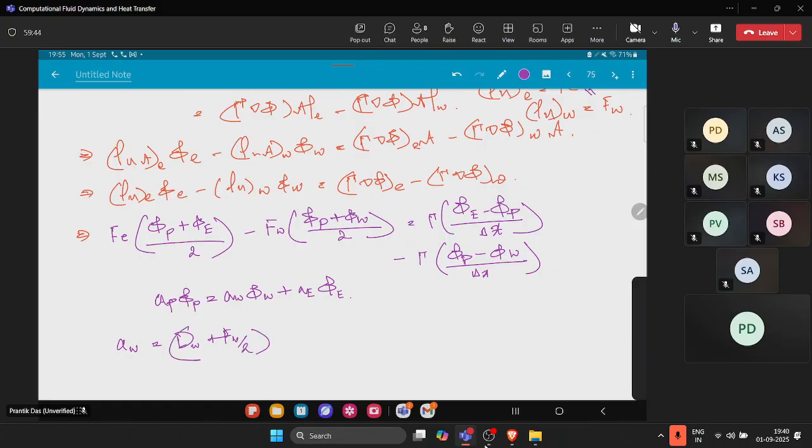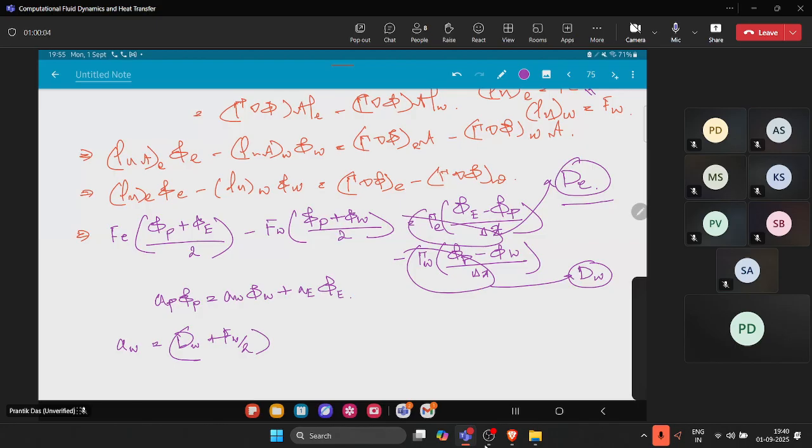Okay, so gamma E by delta X I'm calling DE, and gamma W by delta X I'm calling DW. If gamma is spatially changing, then gamma E and gamma W have significance.